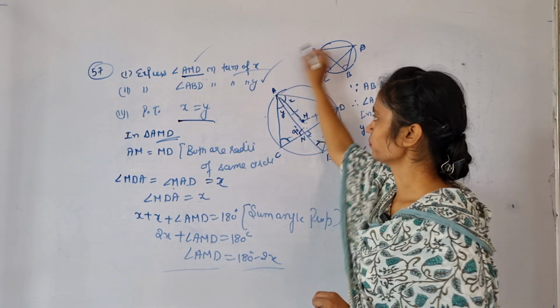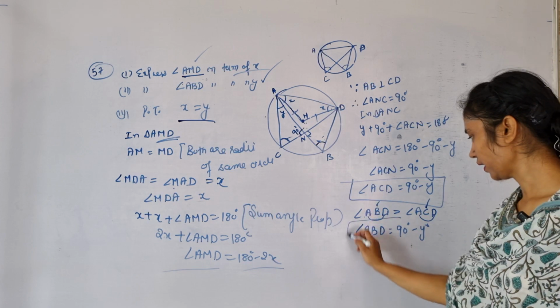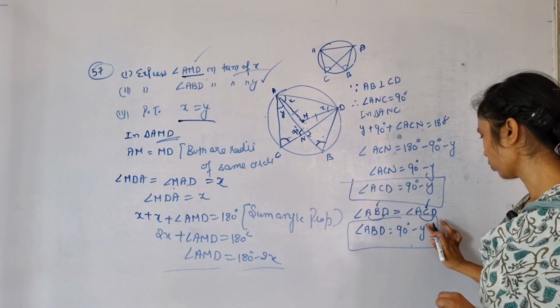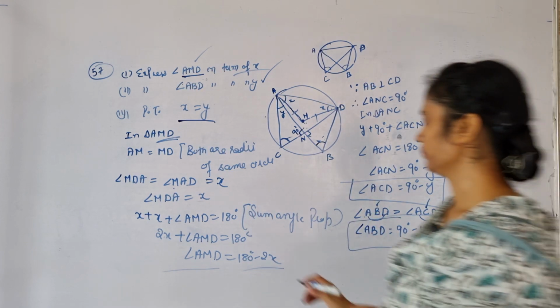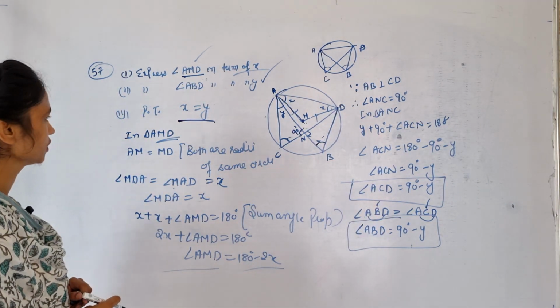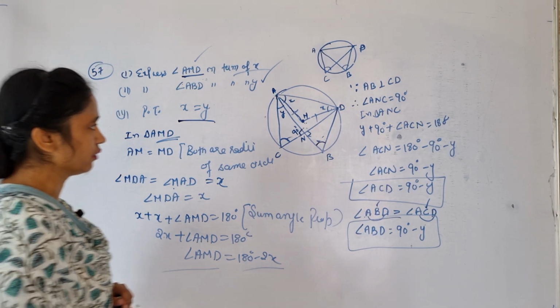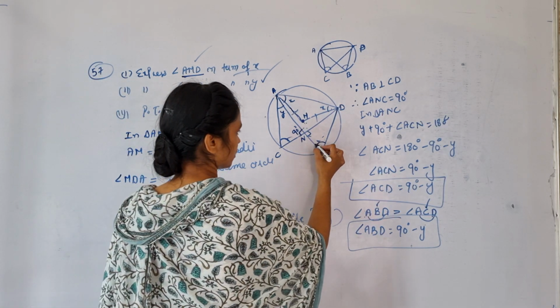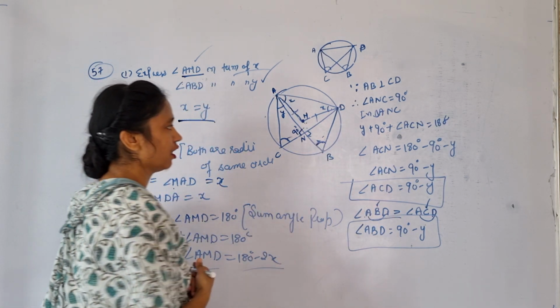This second part is also done. We have expressed ABD in terms of y. Now the third: x is equal to y. So calculate this again in terms of x. How can you calculate it?